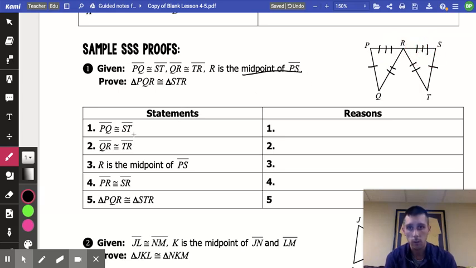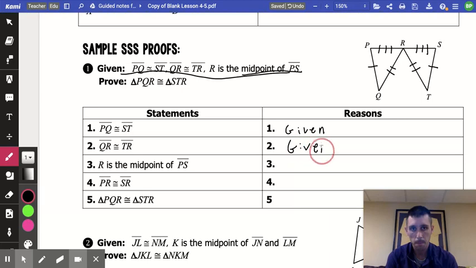Okay, so let's take a look at our statements. PQ congruent to ST. Well, that's in the given line, right? So I'm just going to write given. What about QR and TR? That's up in that line. Given. R is the midpoint of PS. Given. It's up there. So then how do we know PR is congruent to RS?